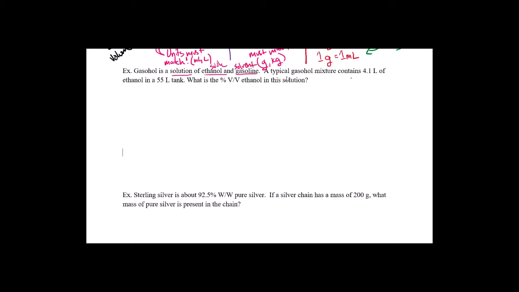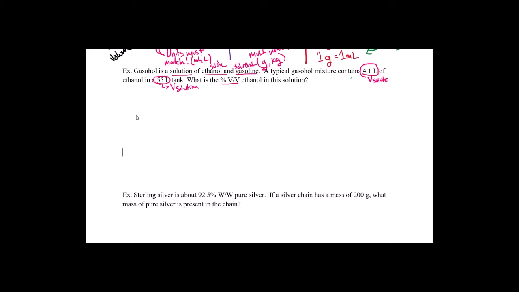So if we have a typical gasohol mixture, which contains 4.1 liters of ethanol, so that's a volume of solute, in a 55-liter tank. Now that's my total solution, right? Because the whole thing's got to fit in that tank. So that's my V solution. What's the percent by volume ethanol in the solution?